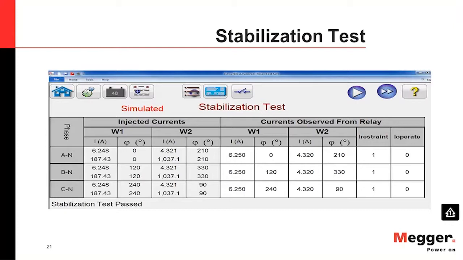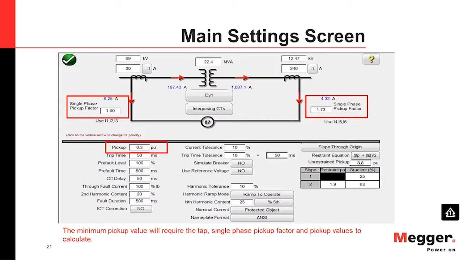Now, the first test we will talk about here is the pickup test. What settings are required for the pickup test? Of course, the transformer needs the setting of the primary and secondary MVA and the vector group, which is common for all. But the single phase pickup factor is also very important.